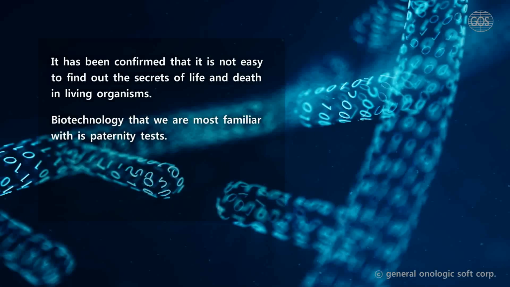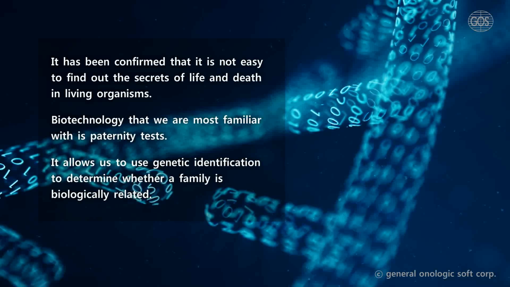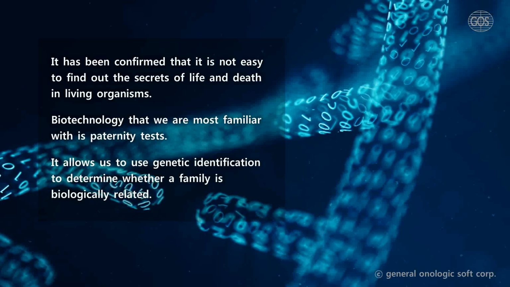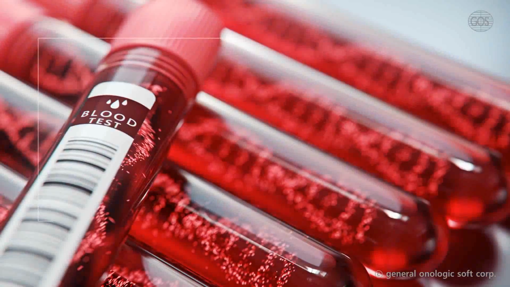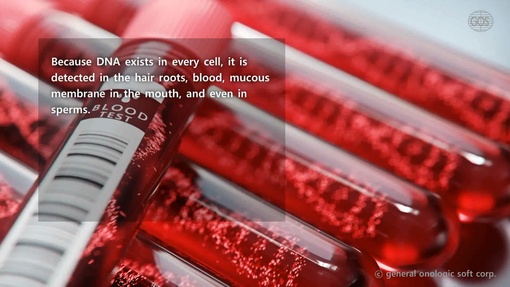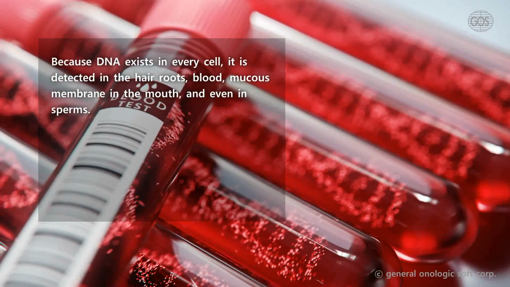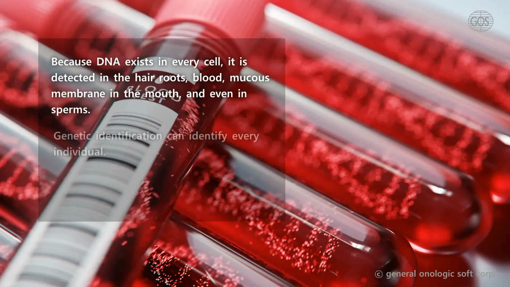Biotechnology that we are most familiar with is paternity tests. It allows us to use genetic identification to determine whether a family is biologically related. Because DNA exists in every cell, it is detected in the hair roots, blood, mucous membrane in the mouth, and even in sperms.